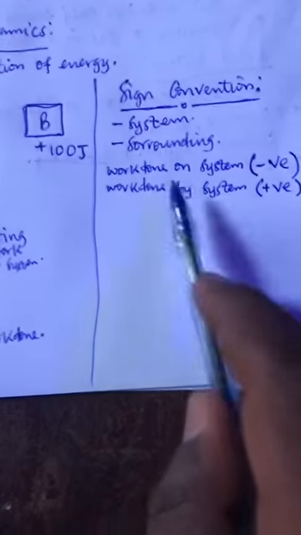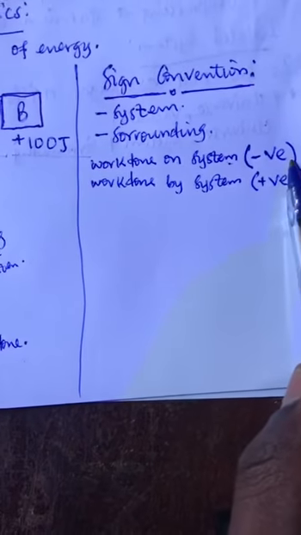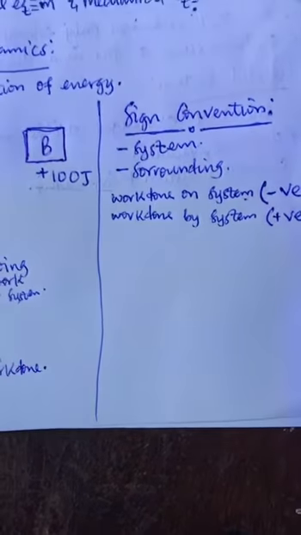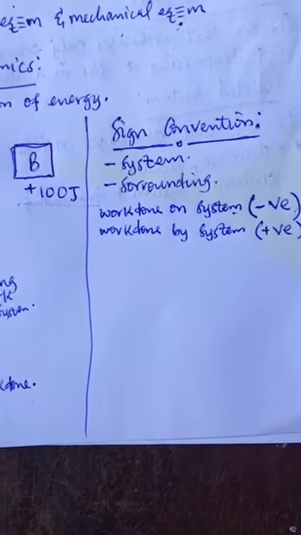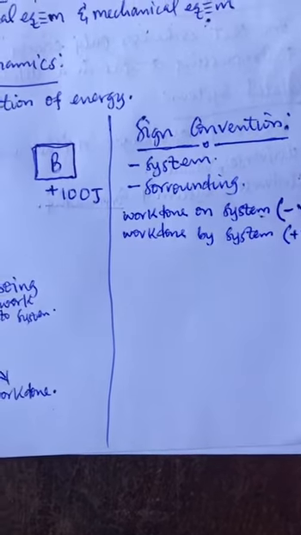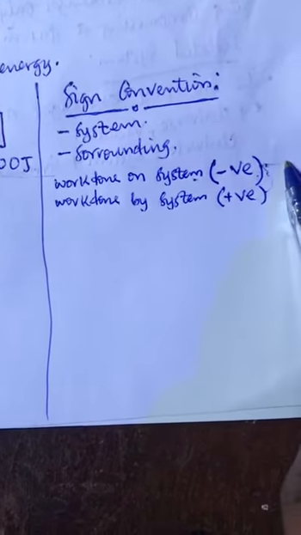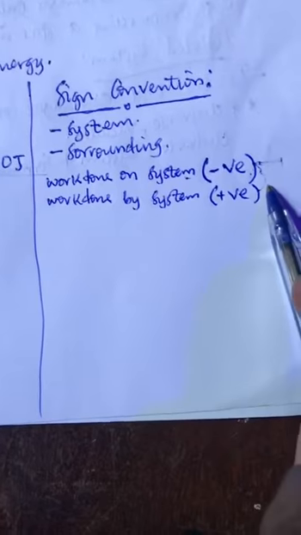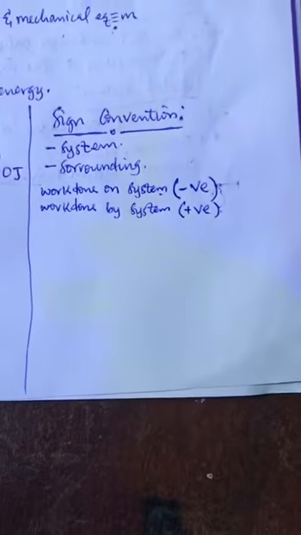Work done on the system is negative, but it is the surrounding doing work on the system. Therefore, the work done by the surrounding will be positive. You get that? So for the surrounding it will be positive here, and negative here. So that is basically the sign convention in thermodynamics.